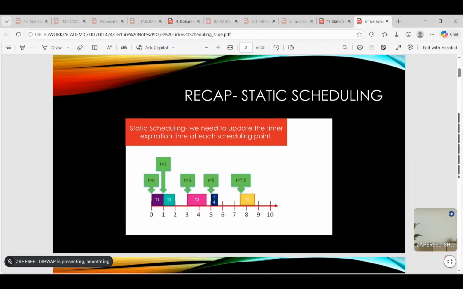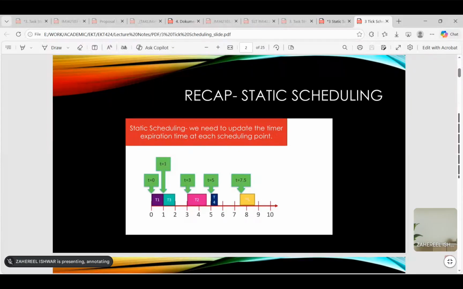I mean periodic task. Apart from that, in static scheduling, as the current slide says, we need to update the timer expiration time at each scheduling point. So the timer expiry time is not the same. It keeps on changing based on the schedule that we set. So those are the drawbacks of static scheduling.